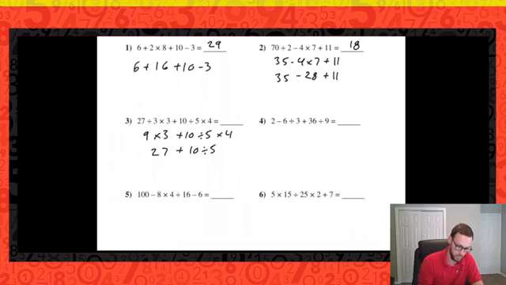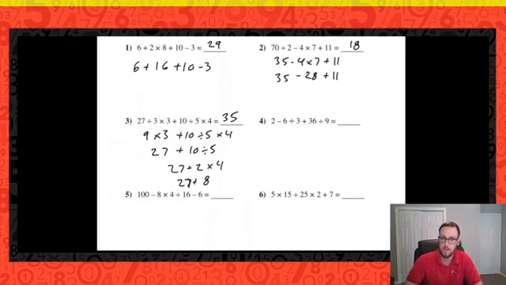Next thing I need to do here is 10 divided by 5, which is 2. Then I need to do 2 times 4, which is 8. And now I can add my 27. And 27 plus 8 is 35. All done.